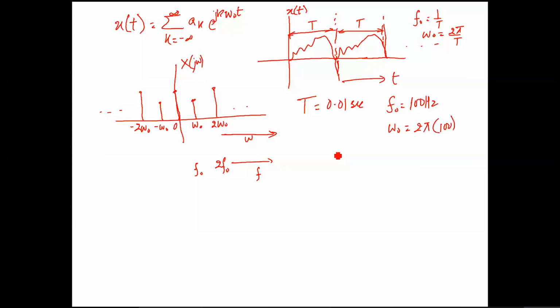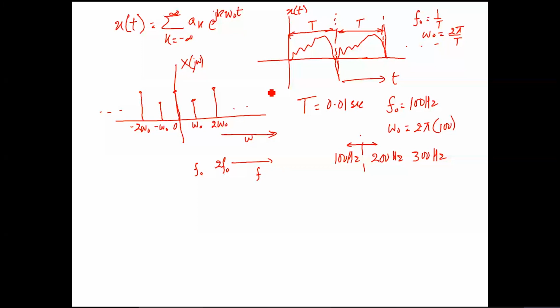It can have these types of harmonics present, but in between, it will have no other frequency. So if somebody asks, well, what all frequency contents are present in this signal from 0 to 50 hertz, we will say, well, it doesn't have any frequency content there, it just has a DC value.